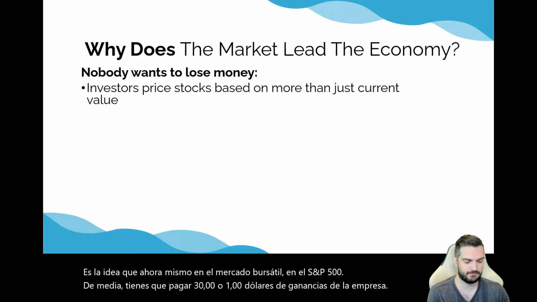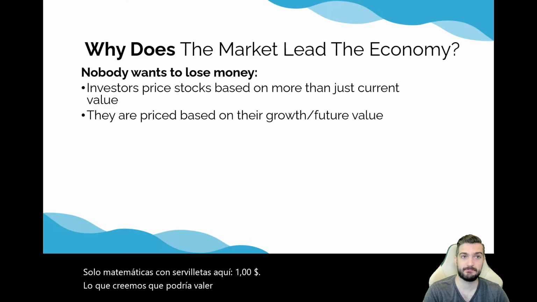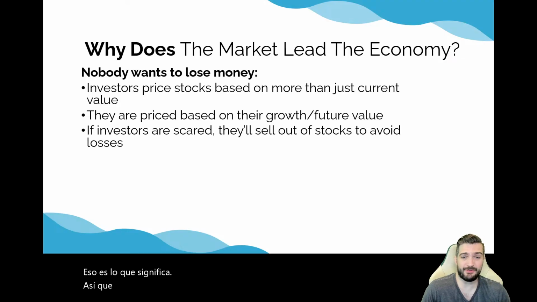Current value, just napkin math here, $1. What we think it could be worth in the future, $30. That's what that means.